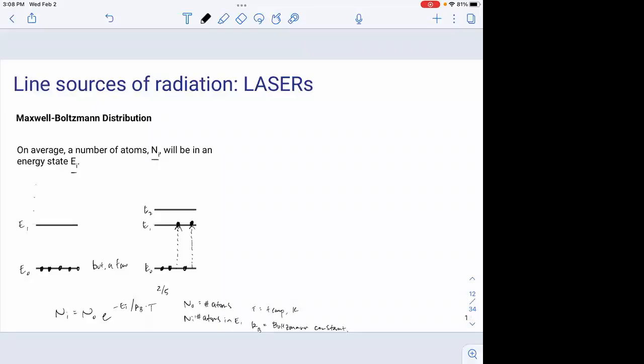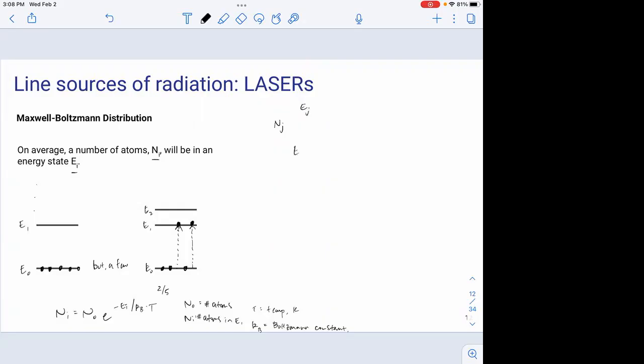So here, I want you to consider there might be a second energy state. Let's call it n sub j. There are n atoms or molecules in this level with energy equal to E sub j.